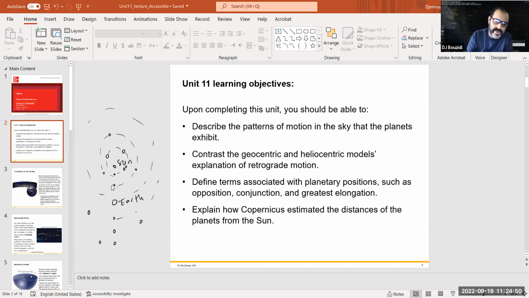Now, he has some determinations in here, okay? When they're lined up in here, he uses the word conjunction. And you have to really take inferior or superior conjunction, depending on where they are, versus opposition.